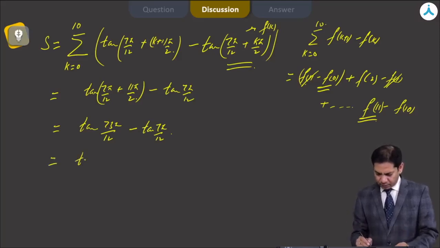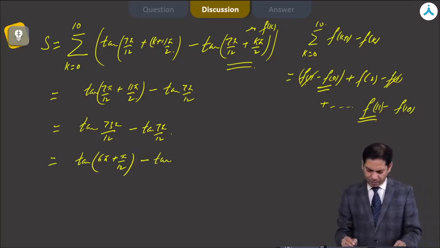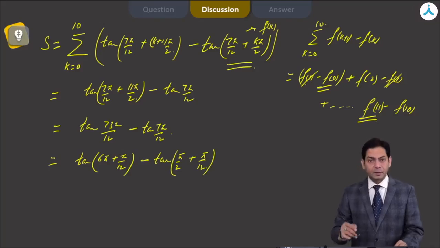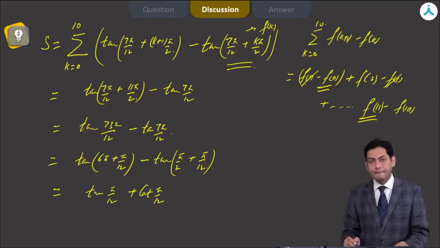So we can write this as tan of 6 pi plus pi by 12, and this can be written as tan of pi by 2 plus pi by 12. Now tan of 6 pi plus pi by 12 will be equal to tan pi by 12, and minus tan(pi by 2 plus pi by 12), which is in the second quadrant where tan is negative, gives plus cot pi by 12.